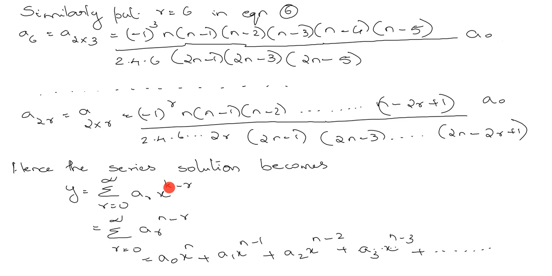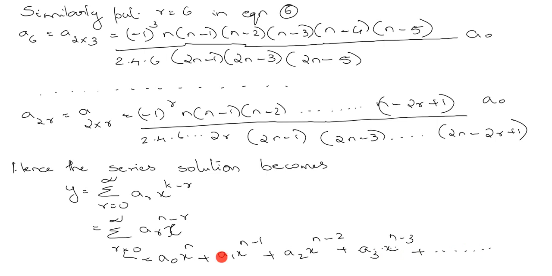So when k is equal to n, this can be written as sigma R is equal to 0 to infinity AR into x raised to n minus R. Now expanding this, we can write A0 x raised to n plus A1 x raised to n minus 1 plus A2 x raised to n minus 2 plus A3 x raised to n minus 3 plus etc.